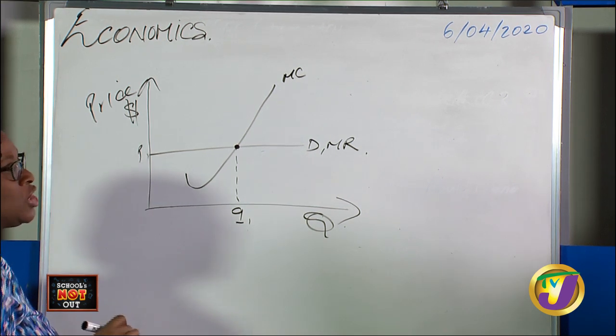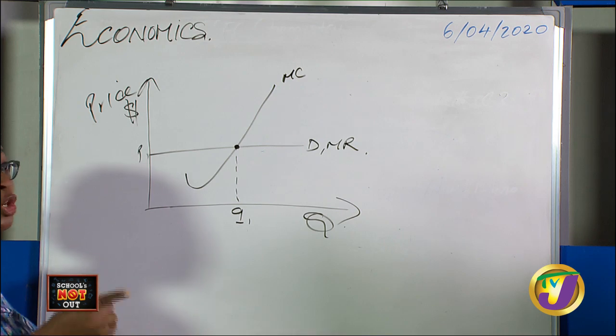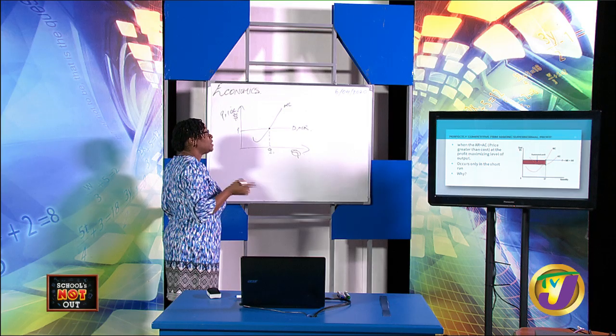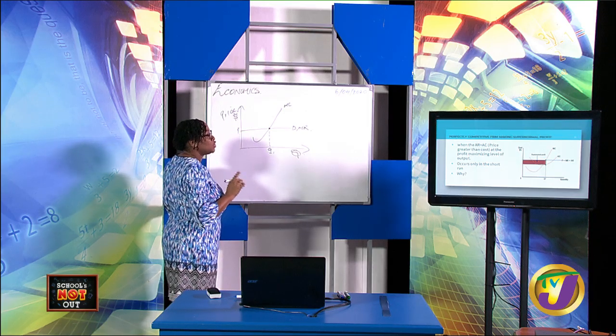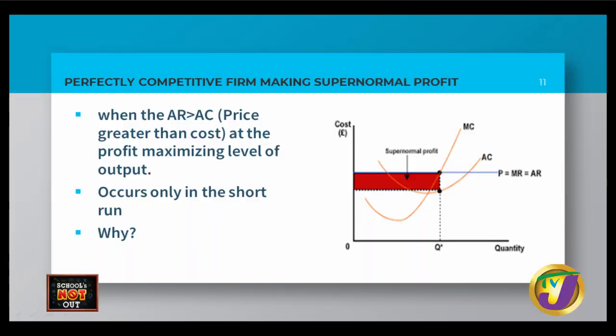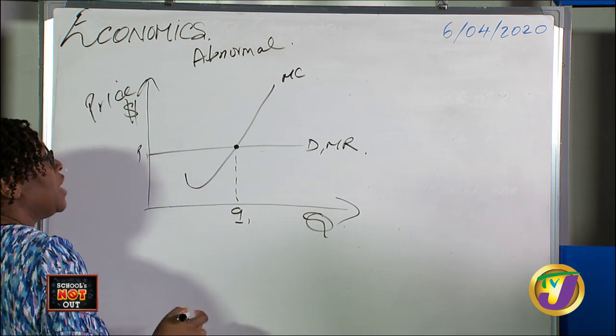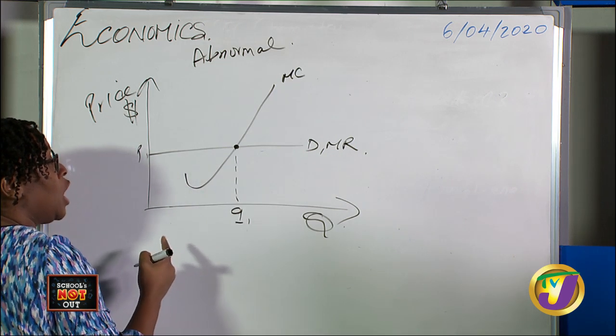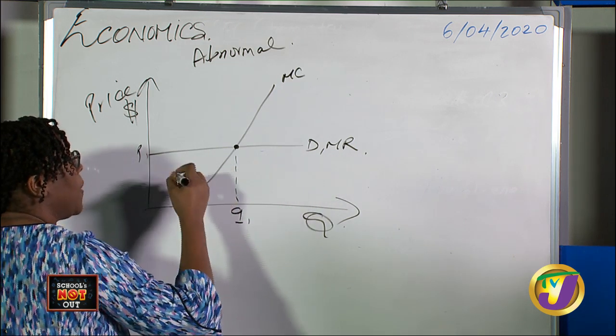Now your average cost curve, that is the curve that you will look at to determine the level of profit. So here, because it is making what we call abnormal profit or excess profit, your average cost must be lower than your price.